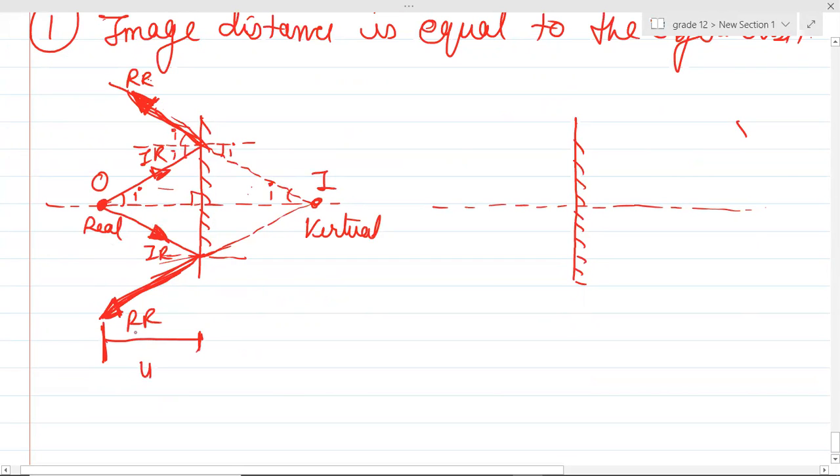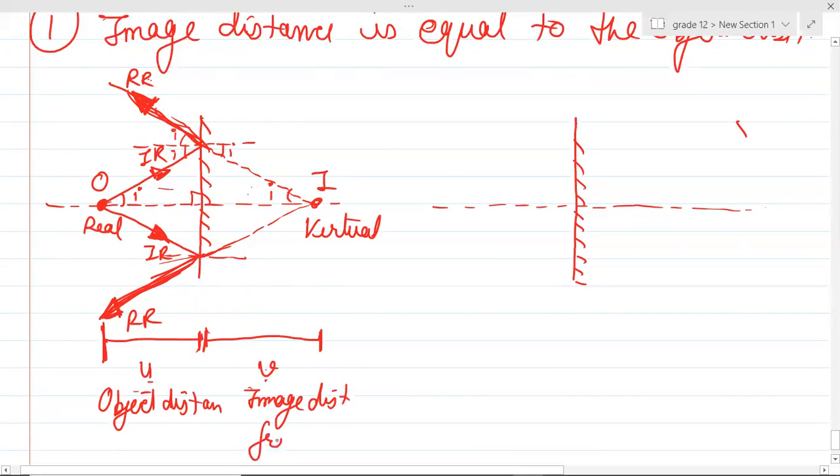Do you remember the mirror formula, u and v? Does anyone remember? In 10th grade we have already said u is basically the object distance, v is basically the image distance from the mirror. Yes, sir. Is this clear? So in both the cases, the magnitude of u and v will be equal.